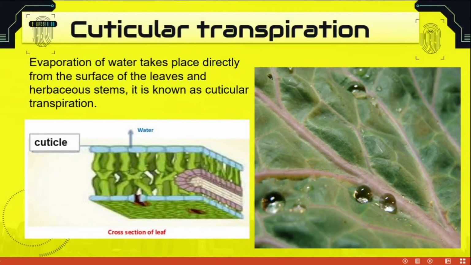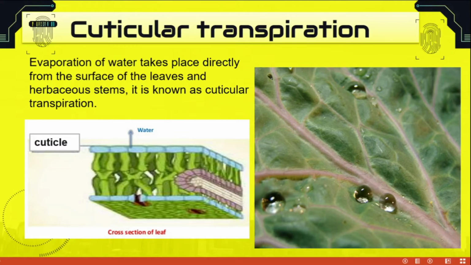Next, cuticular transpiration. What does it mean? Evaporation of water that takes place directly from the surface of the leaves and herbaceous stems is known as cuticular transpiration. Look at the picture. Cuticle is nothing but a waxy layer found on the upper surface of the leaves. What is the function of the cuticle?